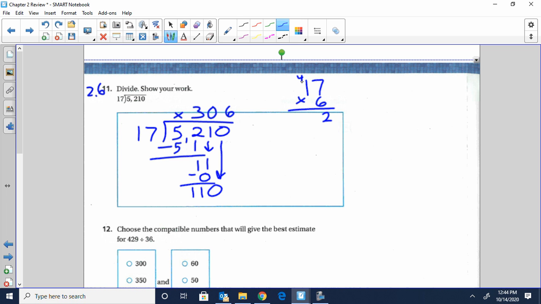That's 6 plus 4, which is 10. It's 102 is the closest we can get. We subtract, and we get 8. This would be 306, remainder 8.